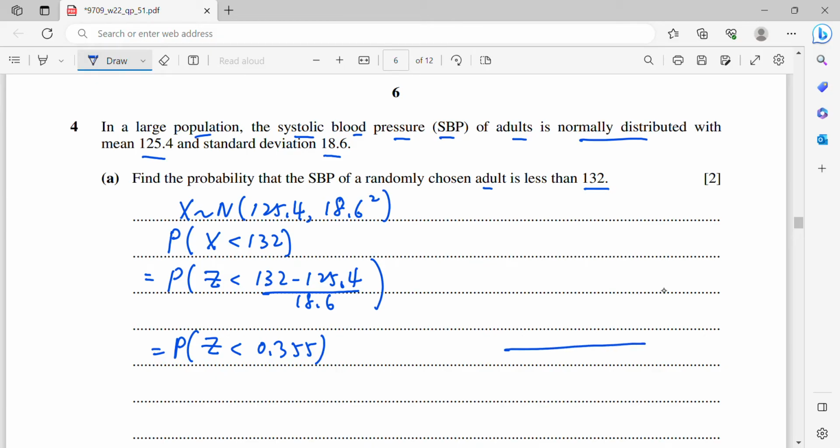When you draw the graph to visualize better, less than means towards the left hand side. This region is exactly the same as the graph on the table, which means you can directly read the answer. This is 0.6387 from the table, and rounded, it will be 0.639. Okay, that is the solution for 4A.